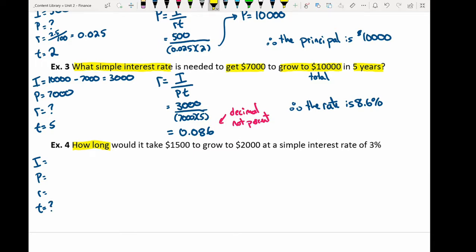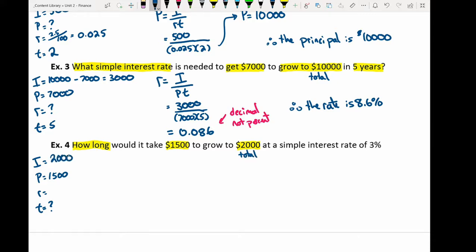How long would it take $1,500 to grow to $2,000? Again, similar to the last one, starting with $1,500, we want to grow that to $2,000. Remember, the 2,000 is not interest, it's the total amount.